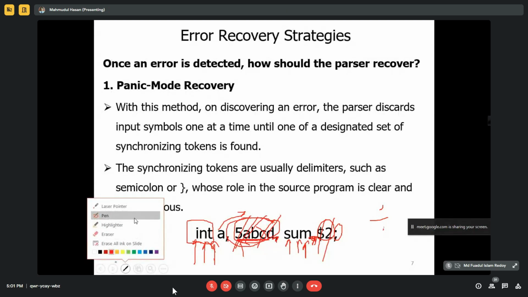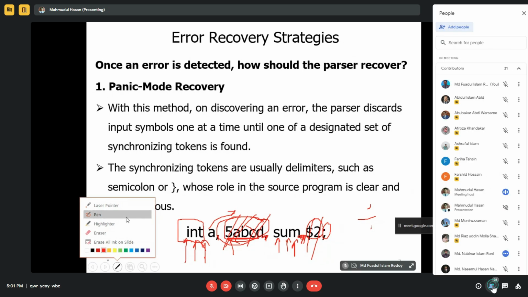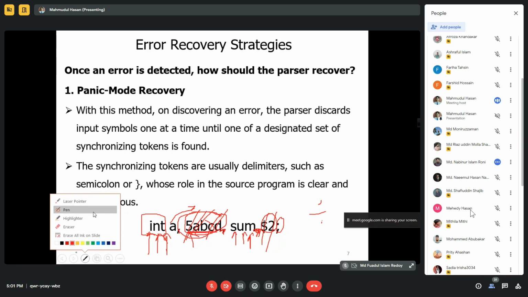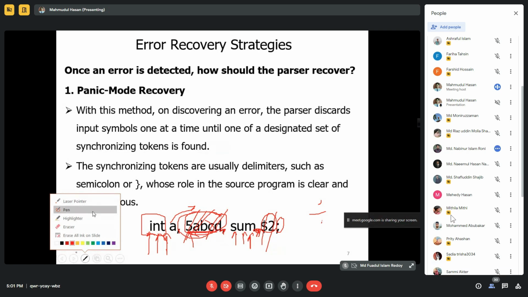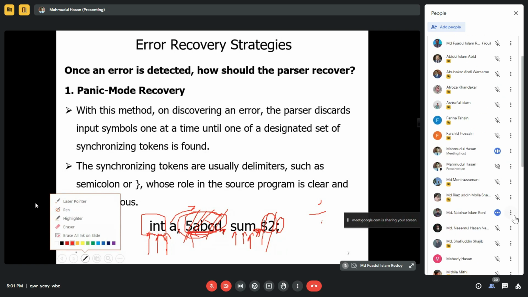Someone, you are pressing your keyboard. You don't need to show us that you are typing. Please mute. Your speed is good, we know that, no problem, but please mute. Someone maybe just typing and making noise. Please don't disturb.